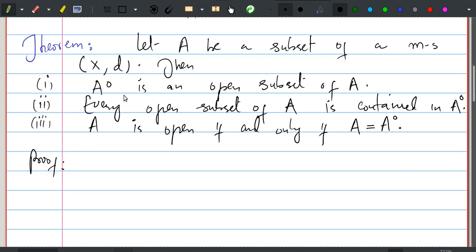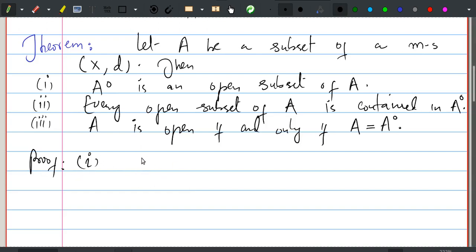Now to prove this, first of all we have to show that A interior is open. Note that an open set is a set which is a neighborhood of each of its points. So this is the proof of part first.